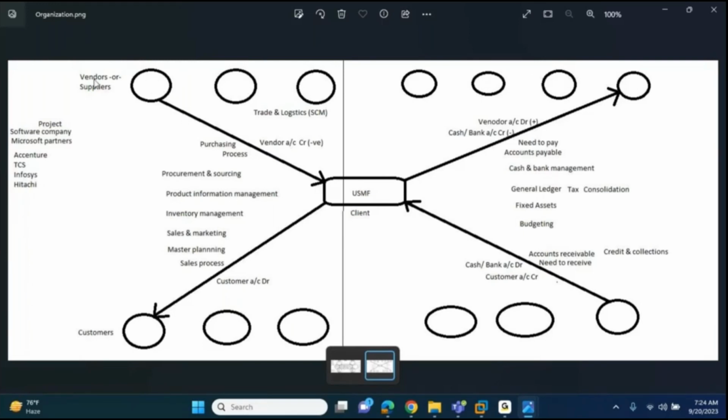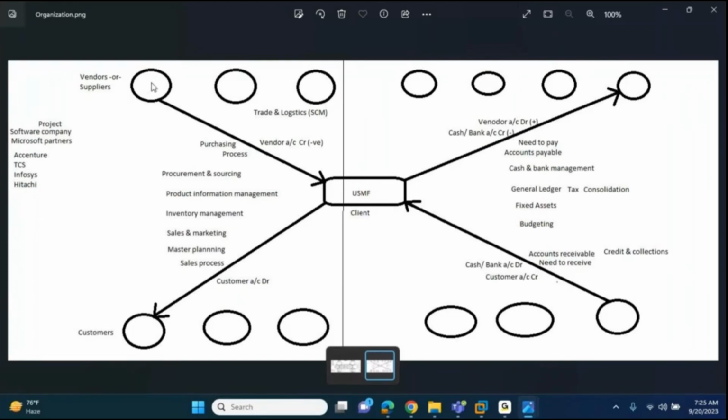So what will this client do? They will purchase the material from different companies. These companies are called vendors or suppliers. And you are selling material to the customers, different companies, that is called customers.